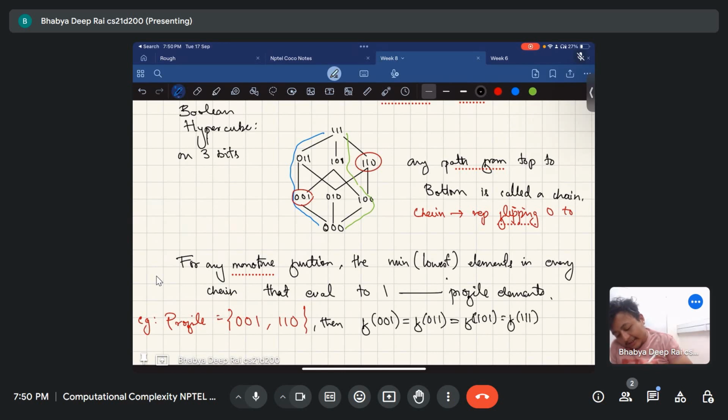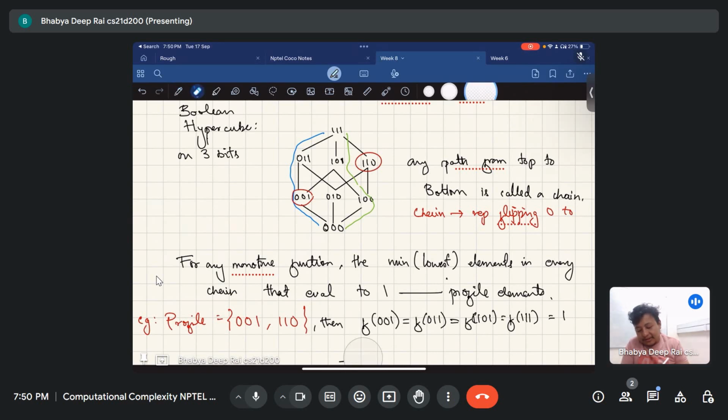Now everything above 110 is just 111. So these are all the elements for which it will equal 1.